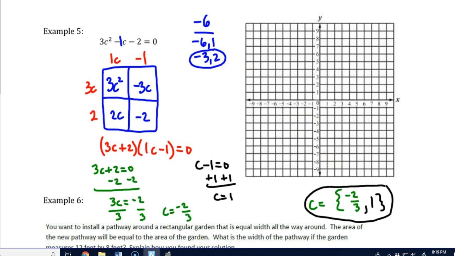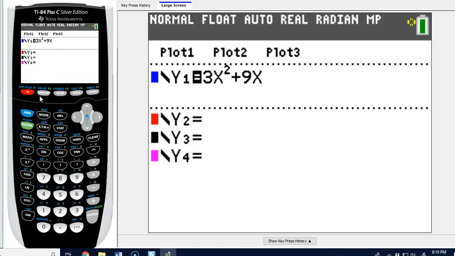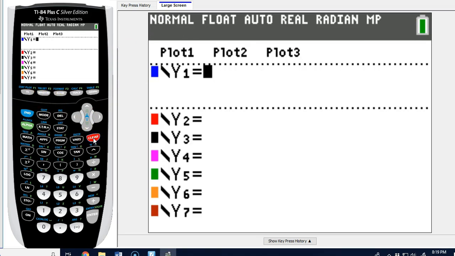We think we have answers. We just need to confirm this graphically. So let's set up our table. Again, back to the graphing calculator, 3c squared minus 1c minus 2. Of course, I'm not going to use a c. I'm going to use an x. Go into your y equals, clear out.